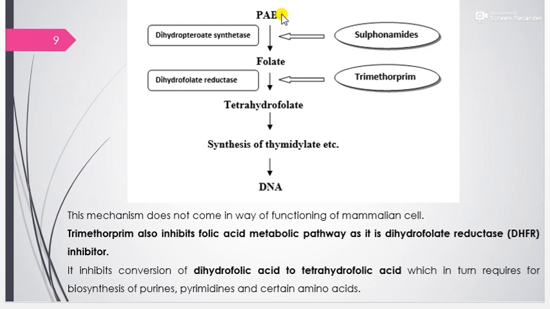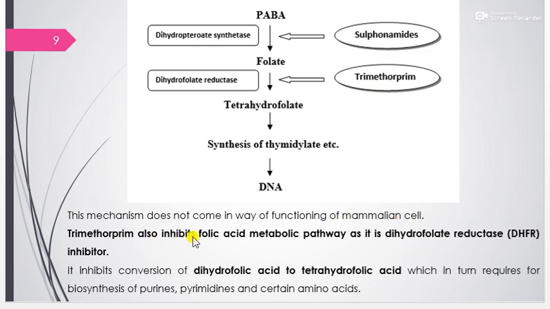Now you can see, when there is the conversion of PABA to the folate, the drugs used are different sulfonamides. And in the second condition, where dihydrofolate gets converted into tetrahydrofolate, trimethoprim acts at this step. This mechanism does not interfere with the functioning of mammalian cells.